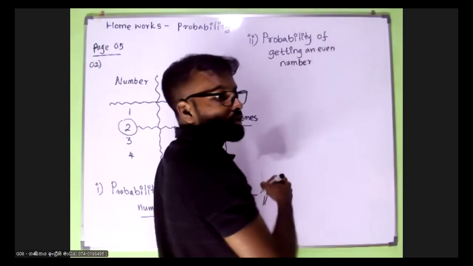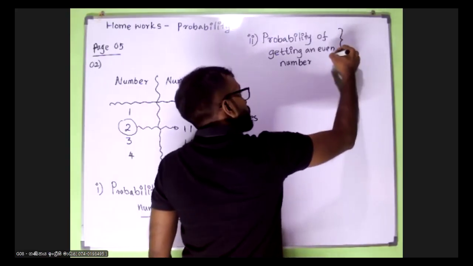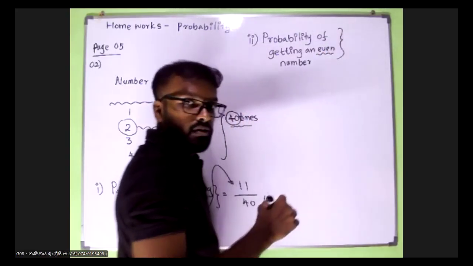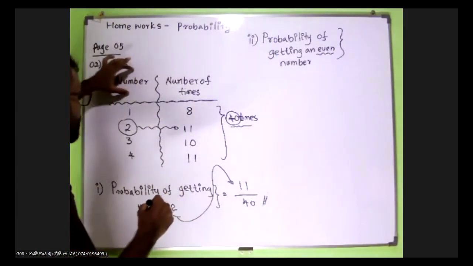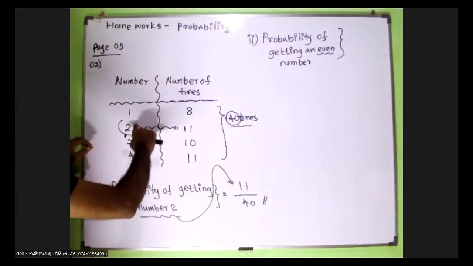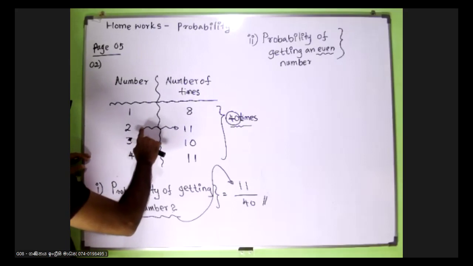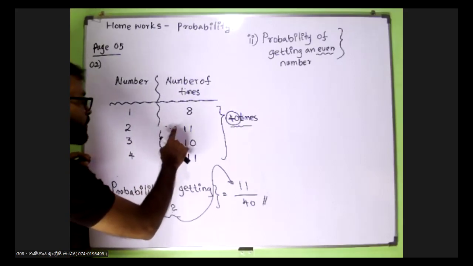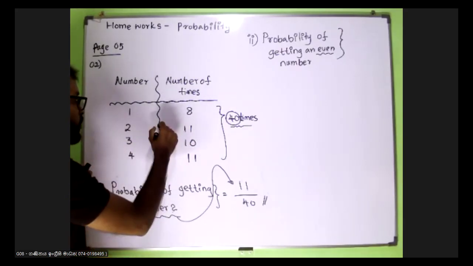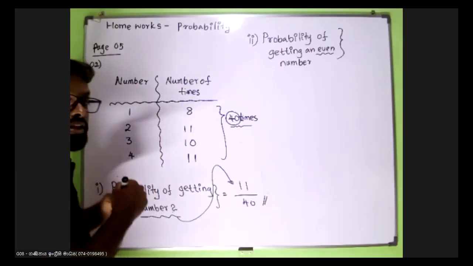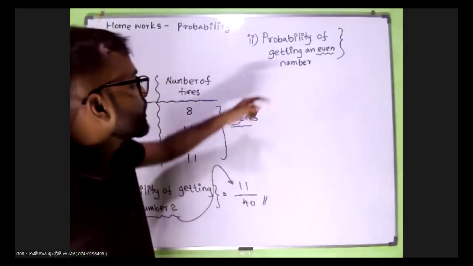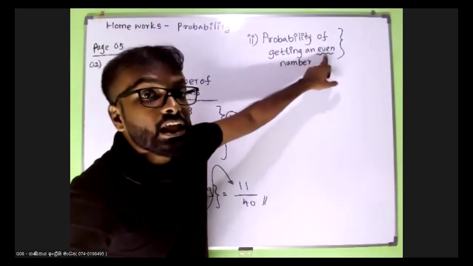You know the even numbers, right? By looking at the number column, can you identify the even numbers first? That is how we are going to approach and get the answer for this question.